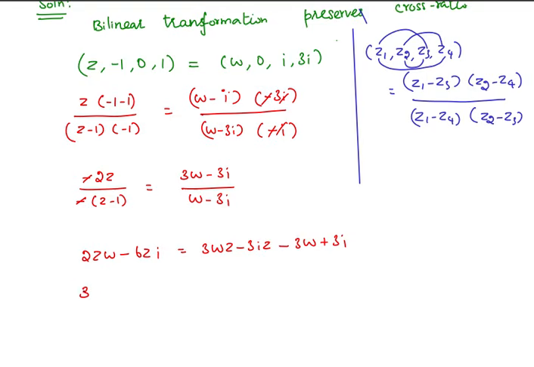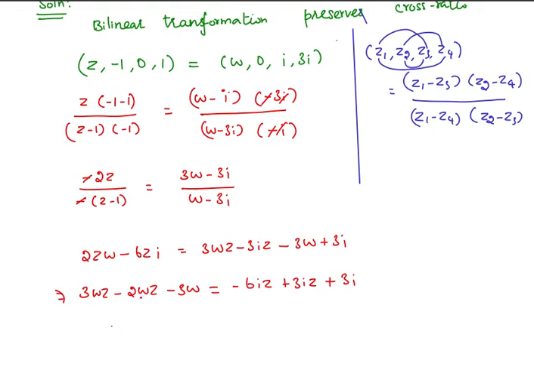So this implies 3wz minus 2wz minus 3w equals minus 6i z, moving that side means plus 3iz plus 3i.